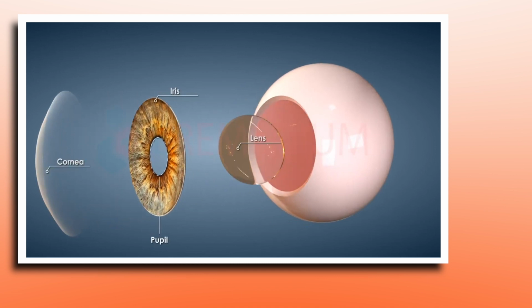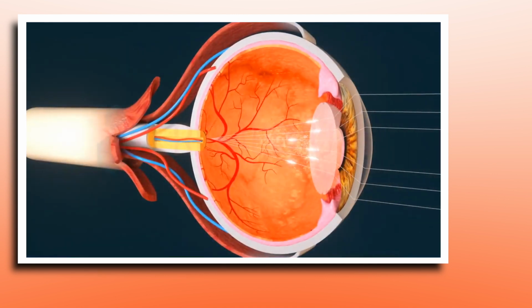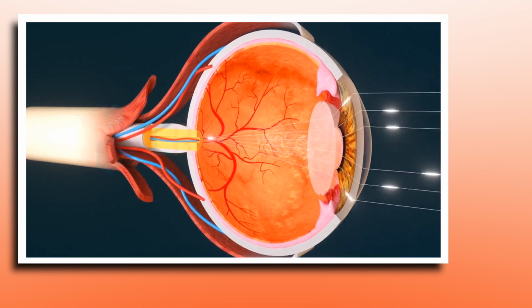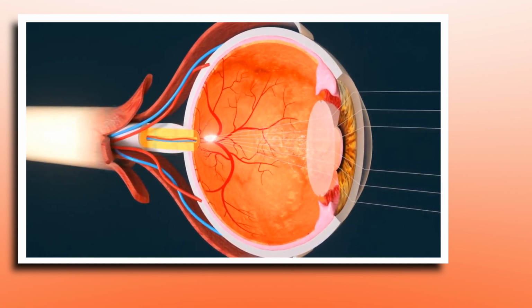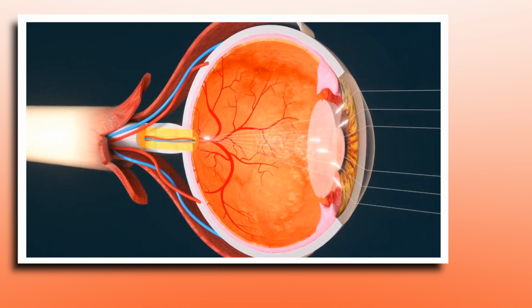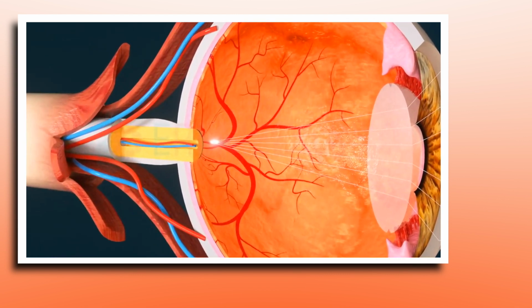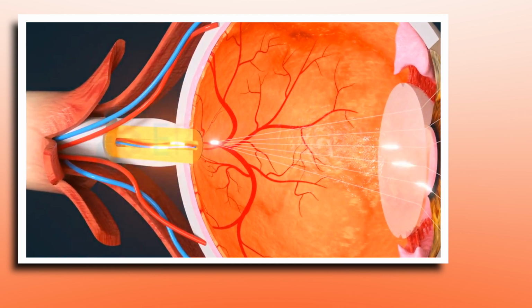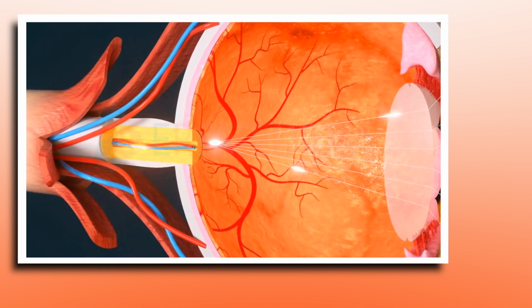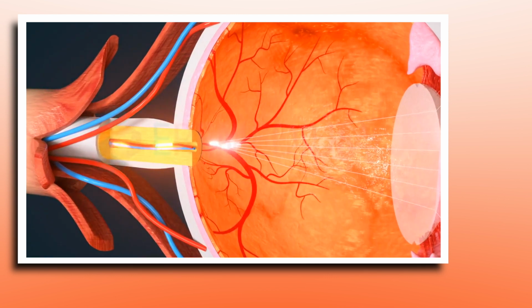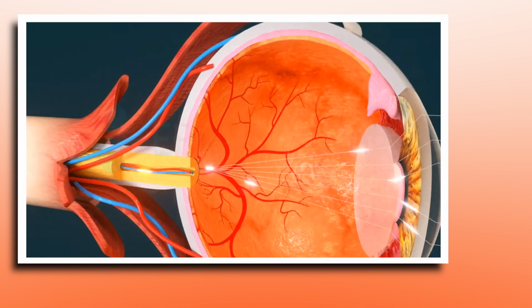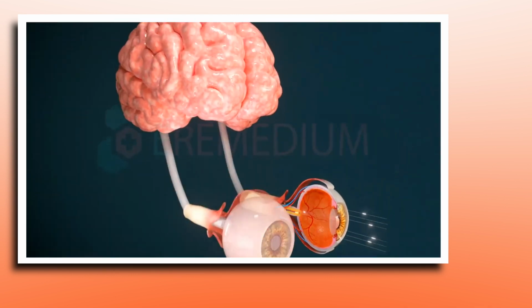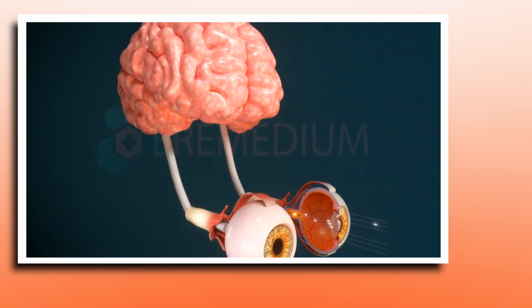Now let us understand the mechanism of vision. What is the mechanism of vision? The light ray from an object passes first through the conjunctiva. We already learnt the conjunctiva is a thin protective layer around the eyes, and then it falls on the cornea.